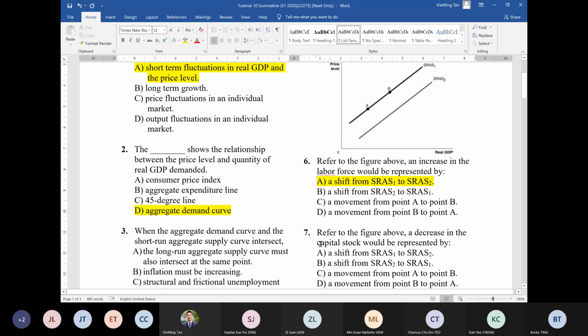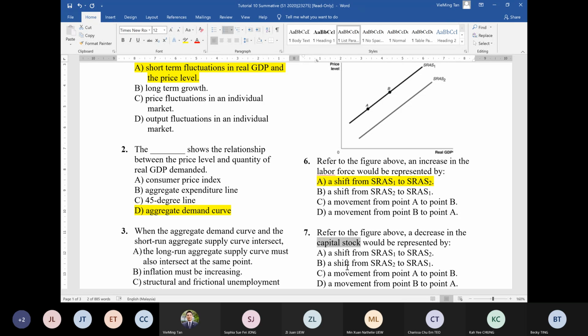But the question now is asking about this one. Capital stock. Capital stock here can be referred to the inventory, or it can be referred to the machines required to produce the product, now reducing, machine capital.